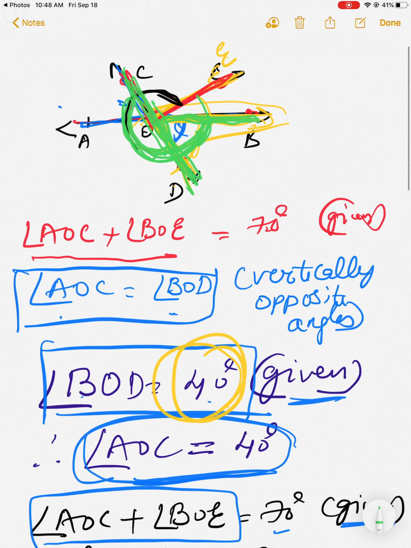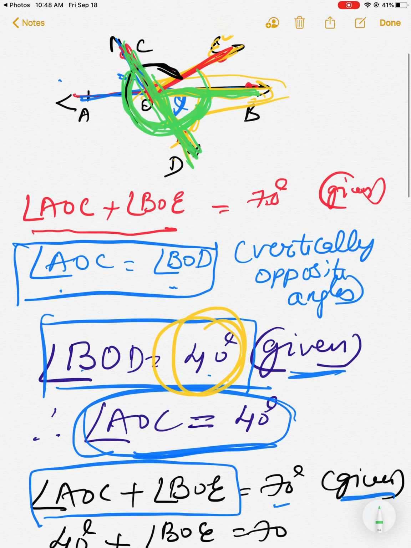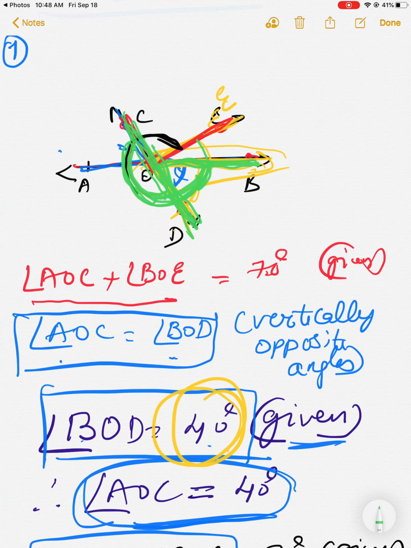Understood? DOE is the angle BOE plus BOD. That is why it is 70 degrees.